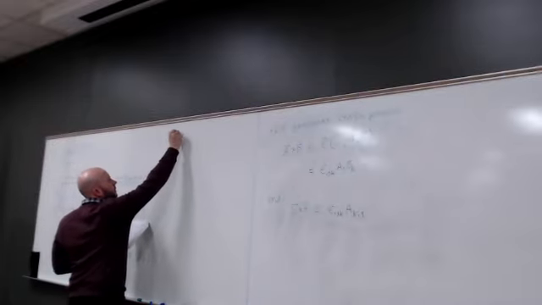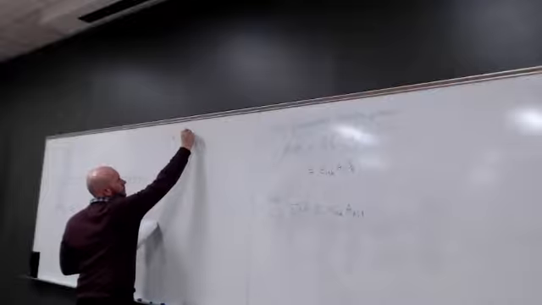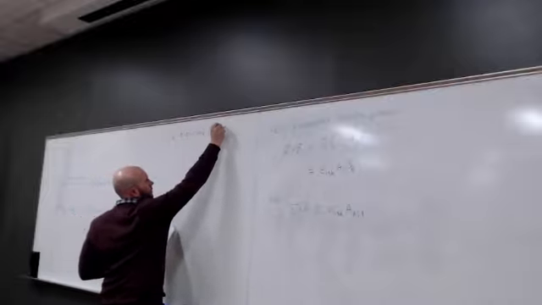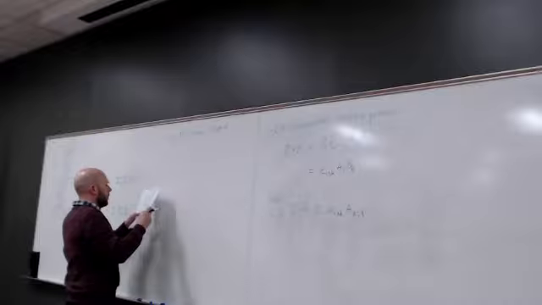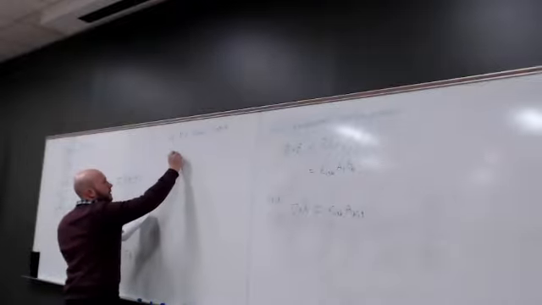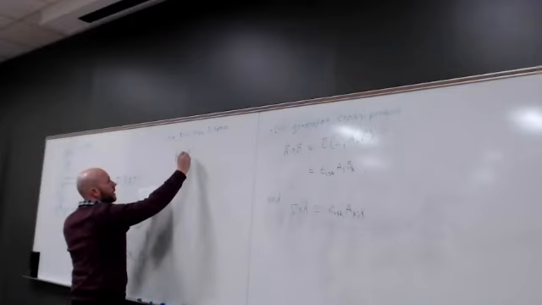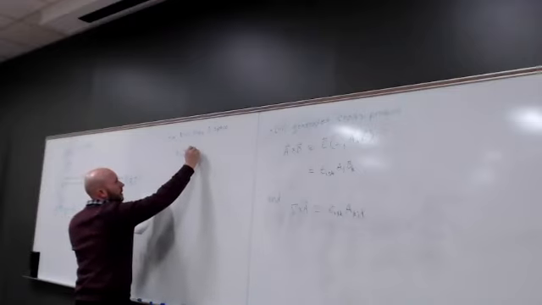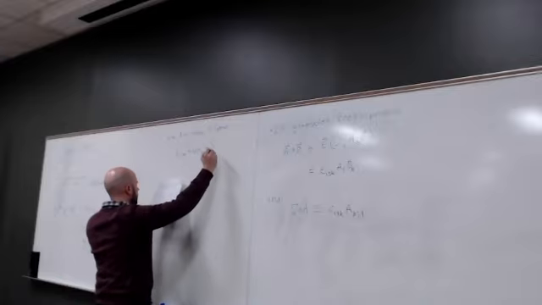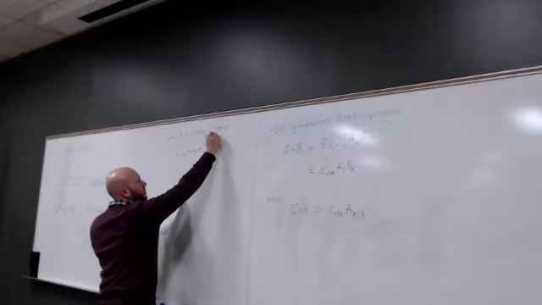So in Euclidean 3-space, the following relationship applies, and that is epsilon ijm times epsilon klm is equal to this 4D delta function.